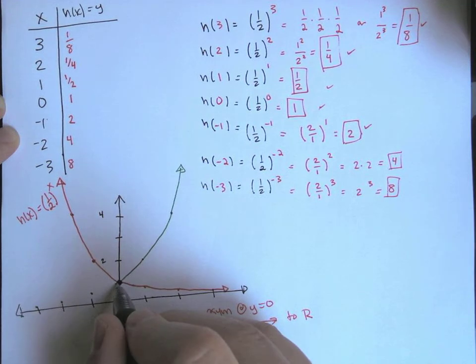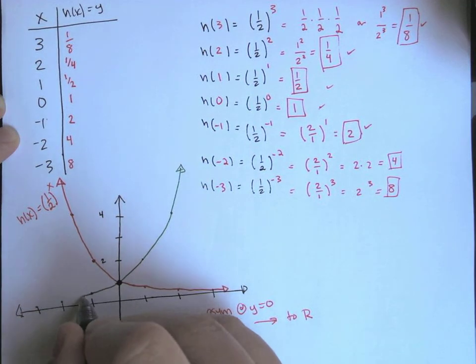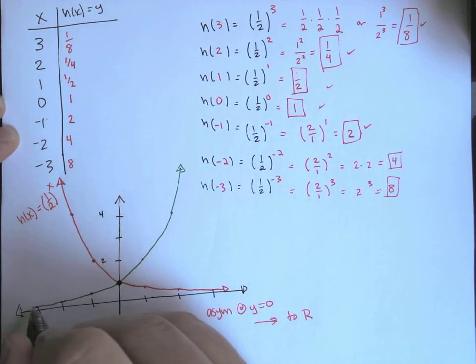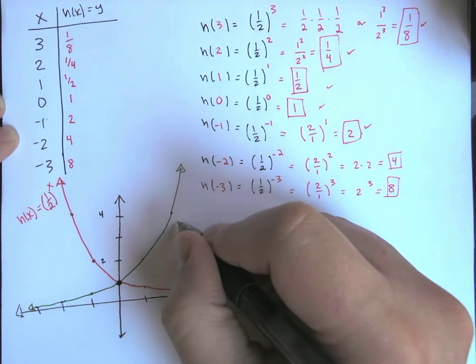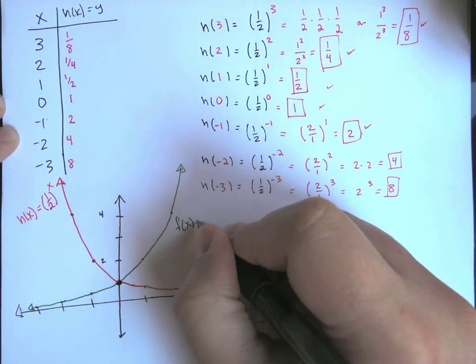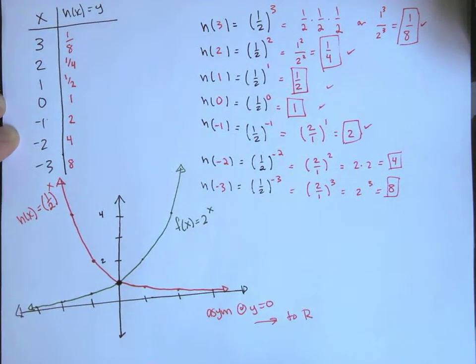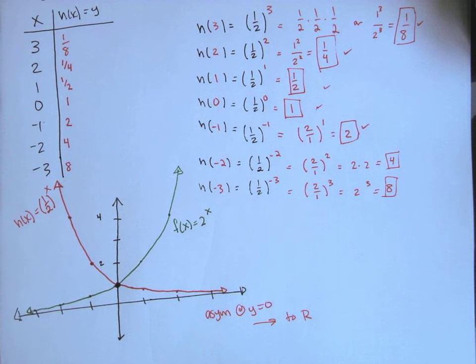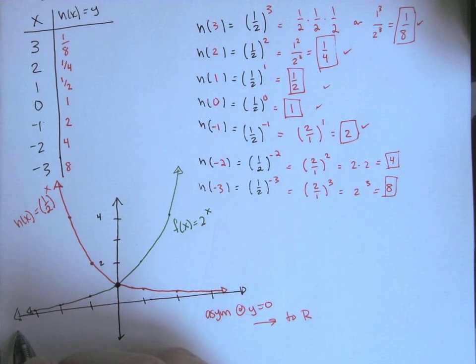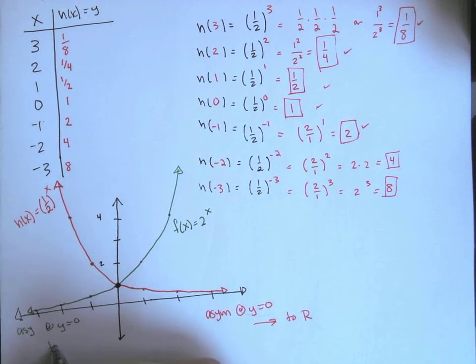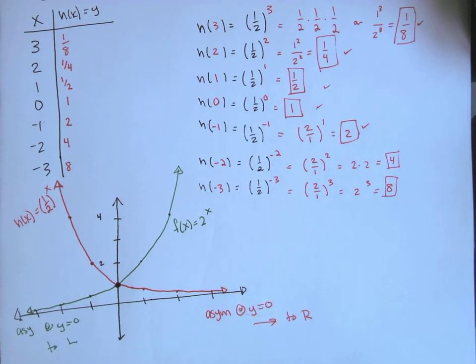With 0, 1 in the middle as a common point, our f of x, which was 2 to the x, has this kind of look. So this was our asymptote at y equals 0 as we move to the left instead.